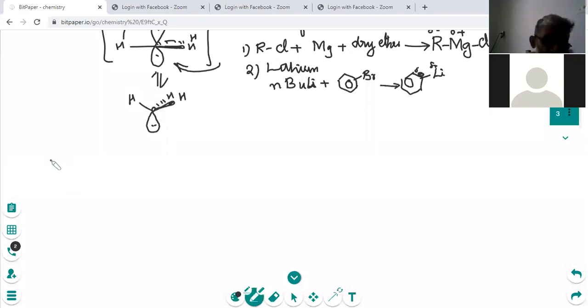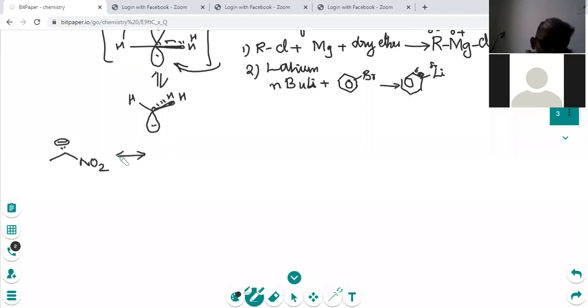Now, one thing is that all these have to be stabilized. Think about this carbanion with NO2. You should have a mechanism by which this negative charge can be stabilized. Only in such cases can you form stable carbanions.